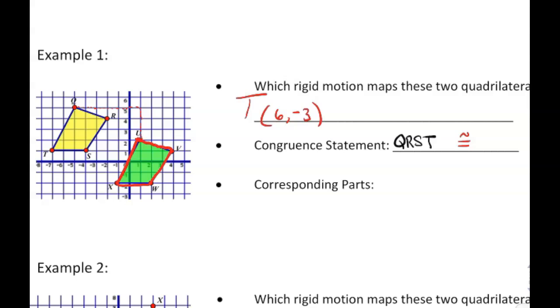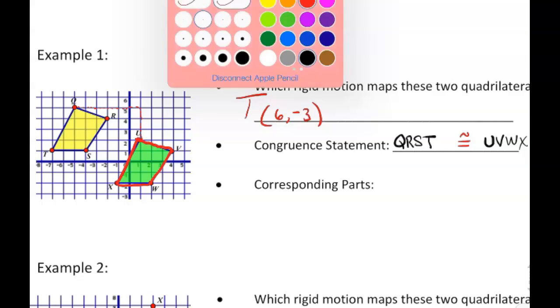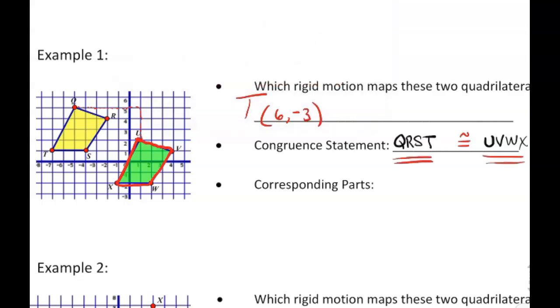But if I started with Q, you would imagine you'd have to start with U. U, V, W, X. The order matters, right? Once you've chosen this order, you have to follow it with this order. So if you notice, Q corresponds with U, R corresponds with V, S corresponds with W, and T is in the same position, corresponds with X.